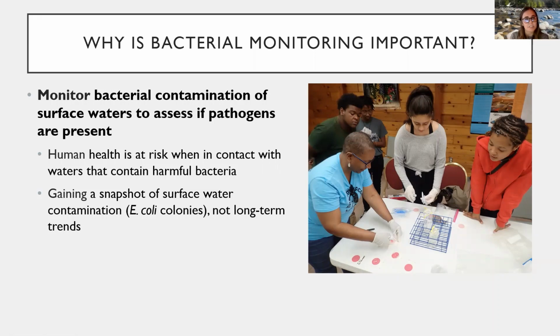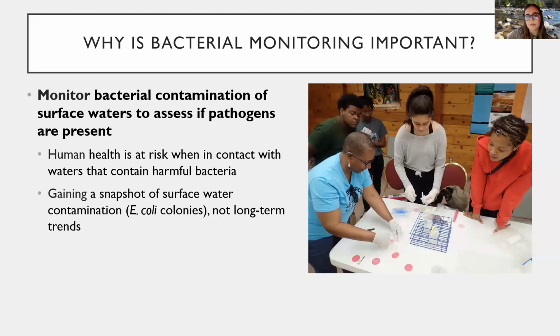This type of monitoring is going to involve collecting samples, plating those samples, and counting them all out. So you'll get to see that here. This is really helpful for assessing these risks pretty quickly, and for getting a snapshot of whether there's any contamination. So this E. coli sampling is not necessarily going to tell us a long-term trend.